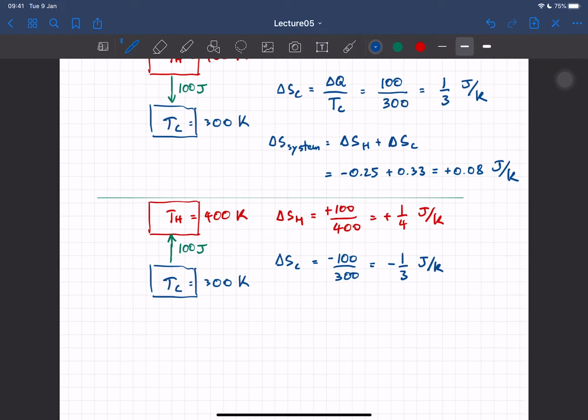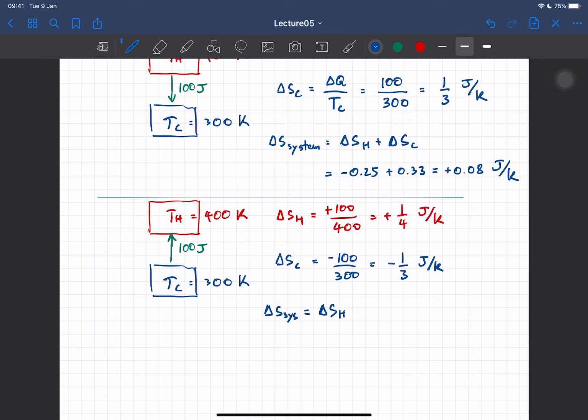So now if you add the change of the entropy of the system, which is same as before, delta S_H plus delta S_C, you're going to have negative 0.08 joules per Kelvin.